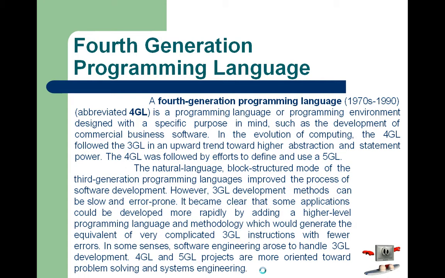In the evolution of computing, the fourth GL followed the third GL in an upward trend toward higher abstraction and statement power. The 4GL was followed by efforts to define and use a 5GL.